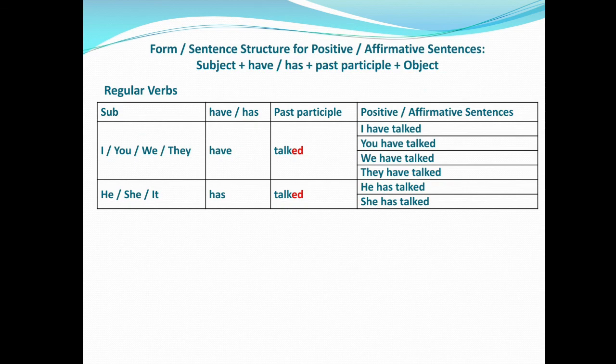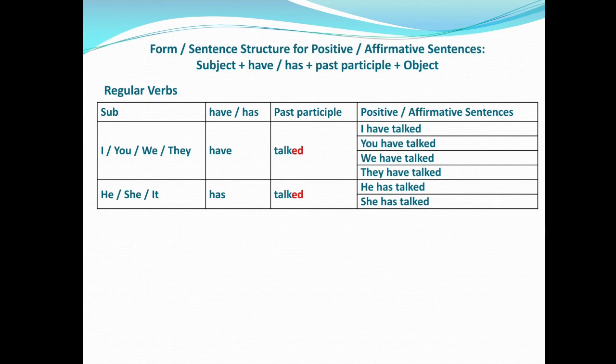I have used the same thing I talked about in the previous lecture. Okay, I, you, we or they. If the subject is I, you, we or they, you use have with it. And I have used the past participle with ed, a regular verb. Okay, so you get I have talked, you have talked, we have talked, they have talked.